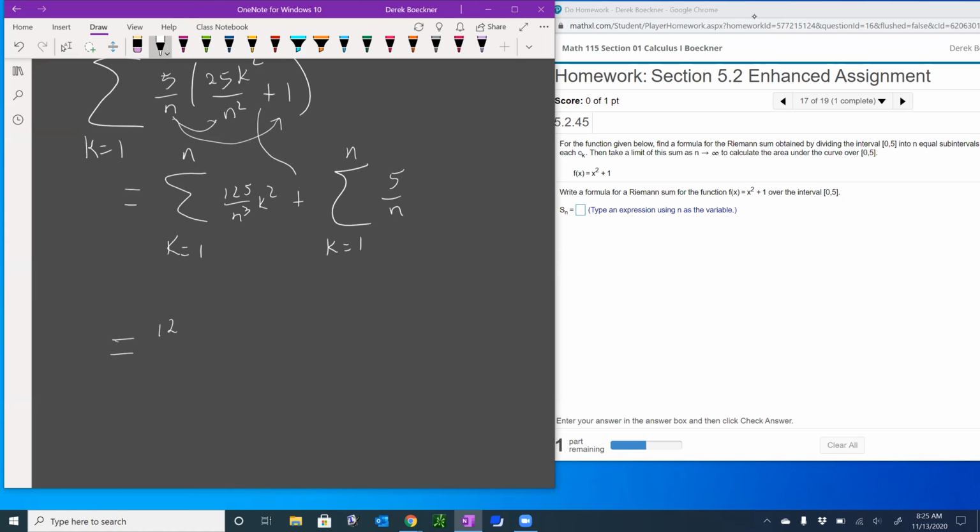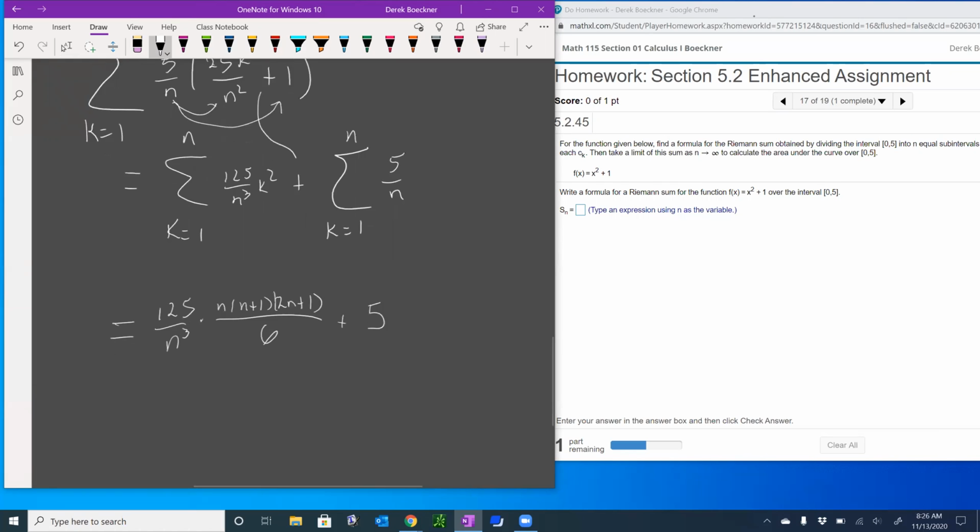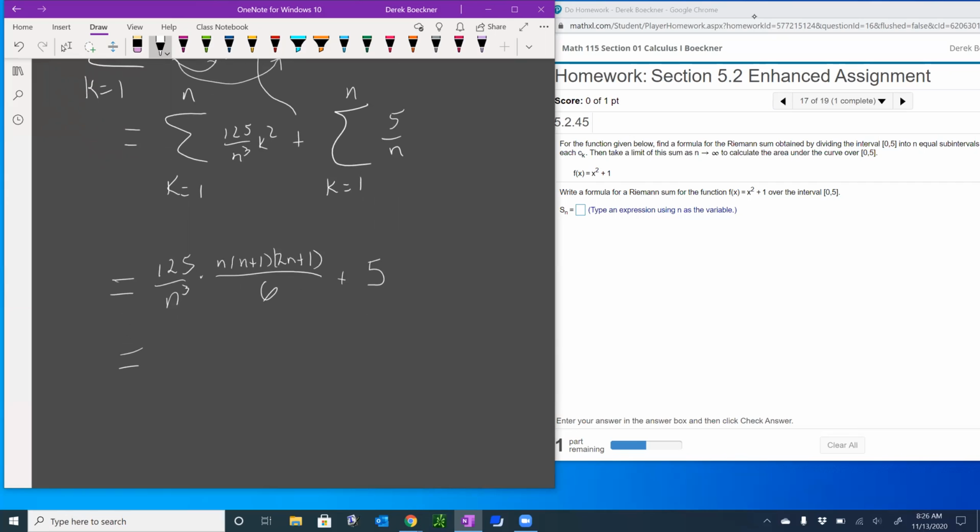So this is 125 over n cubed times the sum of the k squareds, which is n plus 1, 2n plus 1 over 6. And then this is plus, there are n of those, so it's just going to be a plus of 5. We can simplify a little bit.